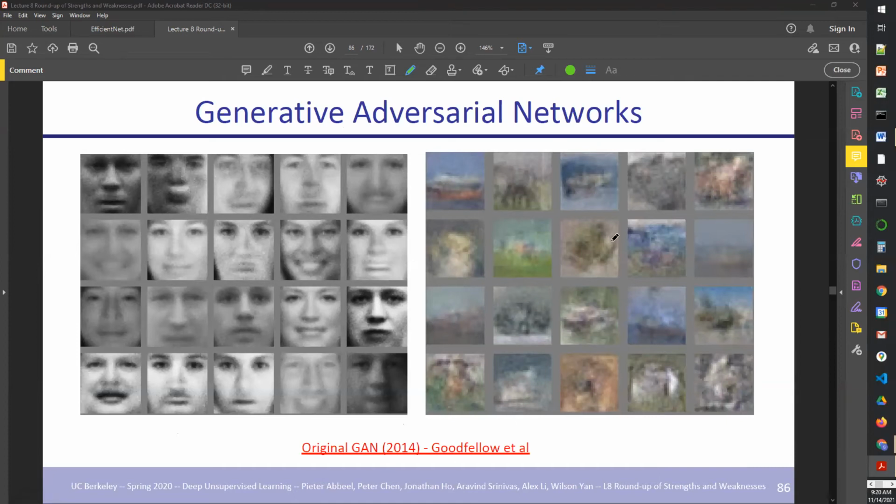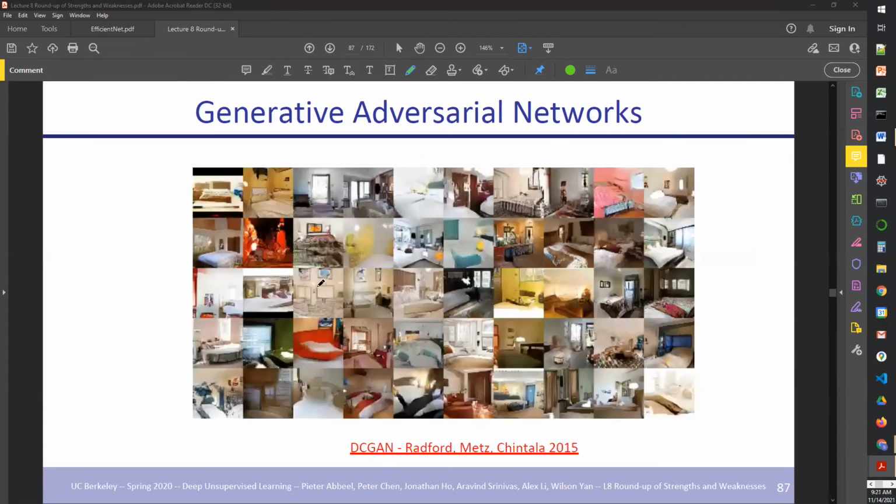From there, DCGANs got us much better sample quality for the bedroom dataset. And then moving on to StyleGANs, and this is where the coarse and the fine styles come into play as well.